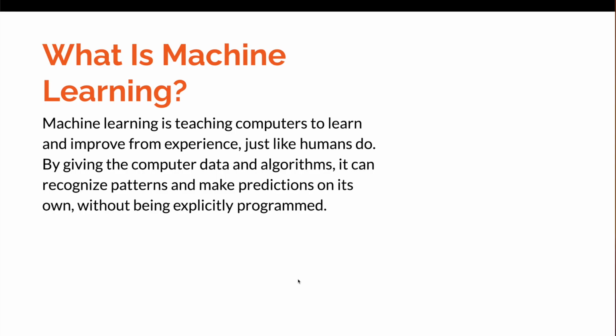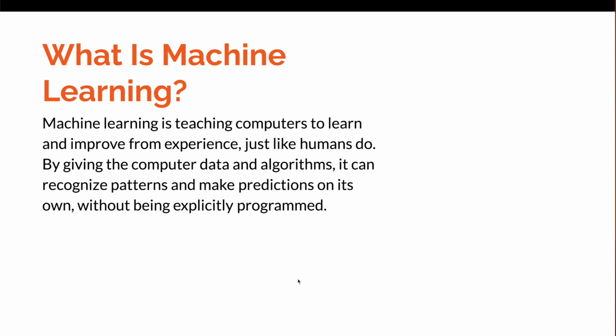And what exactly is machine learning? So you can think of machine learning in its simplest terms as teaching computers to learn and improve from experience, just like we humans do, right? So the way they do that is they're given a bunch of data, and their algorithms basically look for patterns in the data so that it can make predictions.